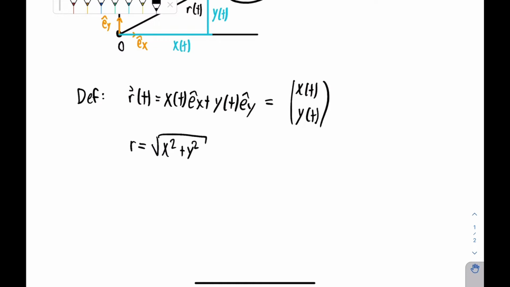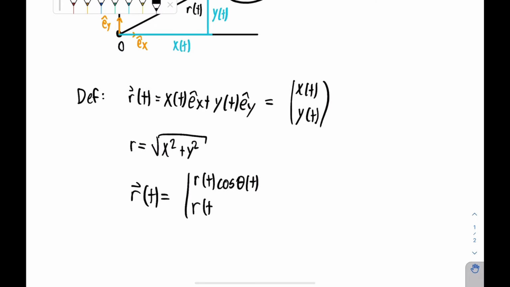Now the magnitude and the angle will be changing with respect to time, so they will be functions of time as well. Thus we can define r of t as being equal to the magnitude r of t, which will be a function because the magnitude will change, times the cosine of theta of t for the x component. And then for the y component, we will have r of t times the sine of theta of t.